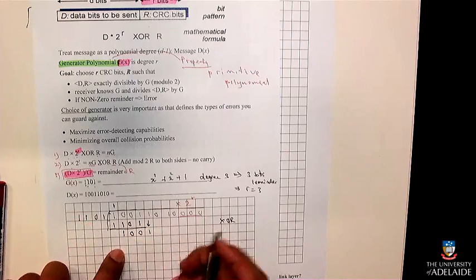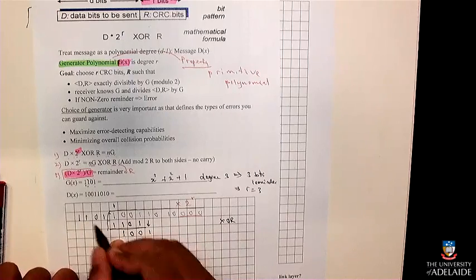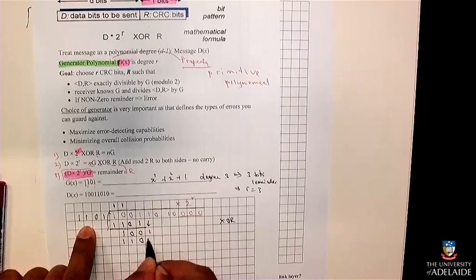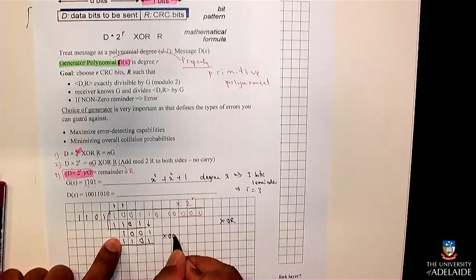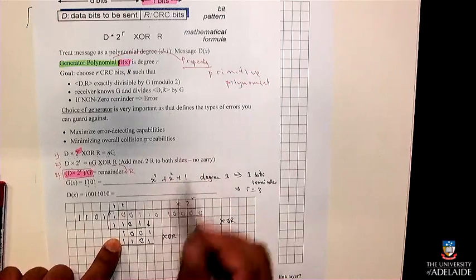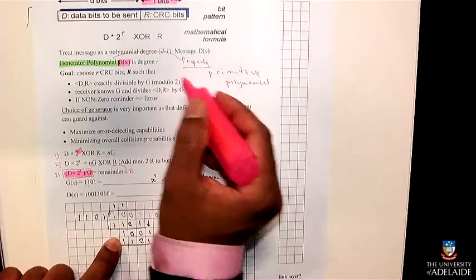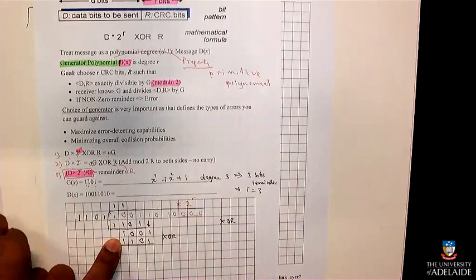Now I can divide: these two match, that's a 1. So let's subtract 1, 1, 0, 1. Remember, subtract is just XOR, because everything is modulo 2 arithmetic with no carry.